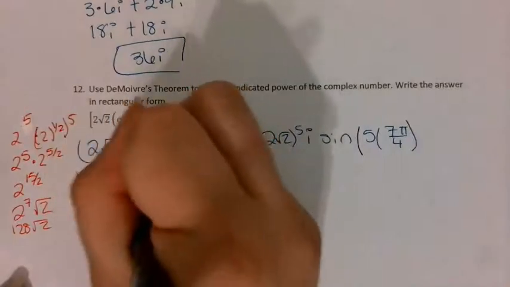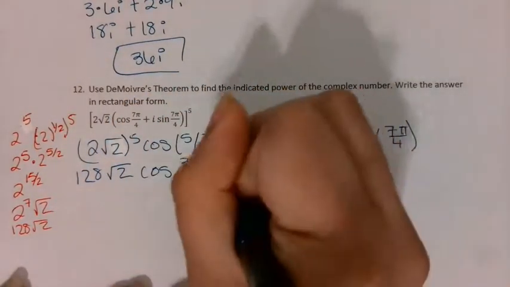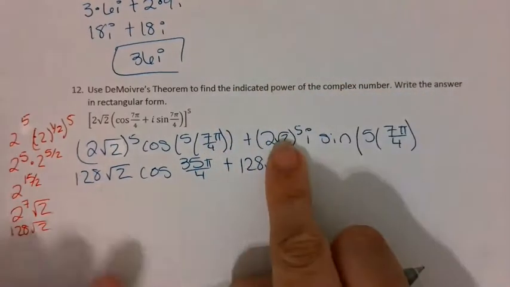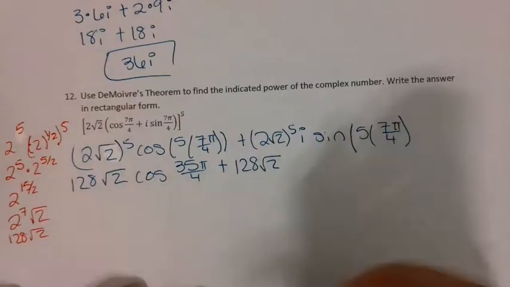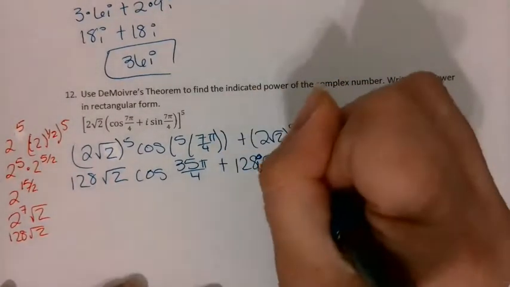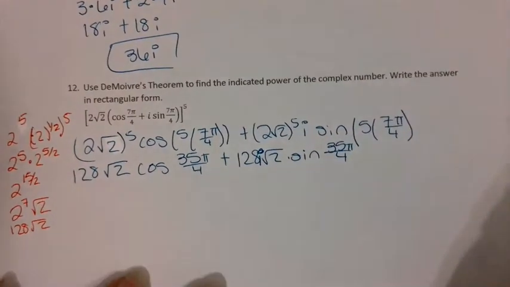Then I have cosine of 35 pi fourths plus 128 square root of 2. This came from me doing my scratch work over here. I goes after the 128 before the square root. Sine 35 pi fourths.